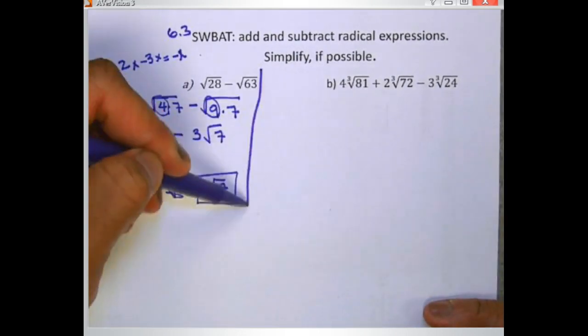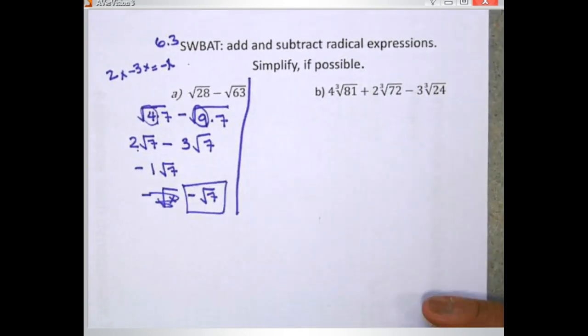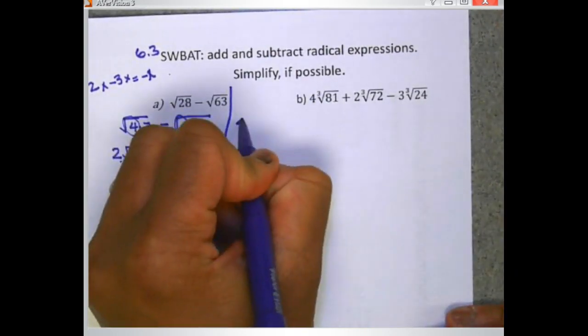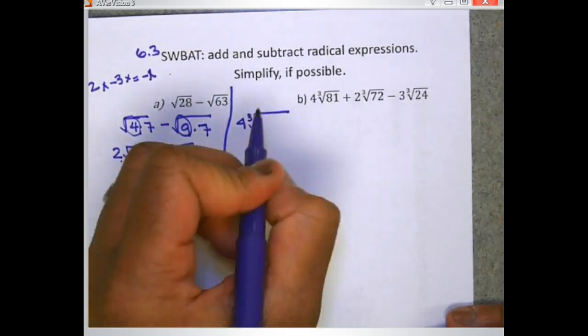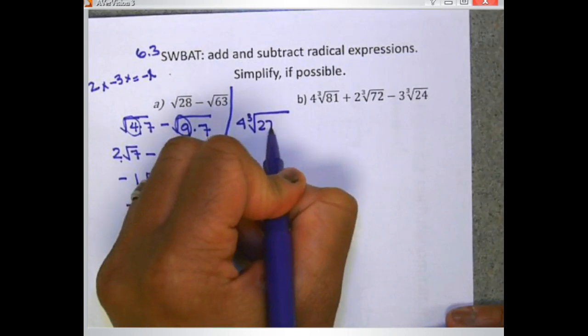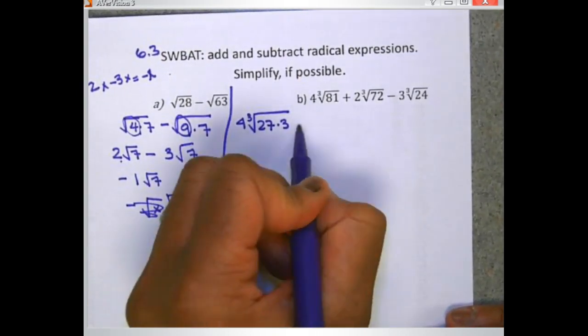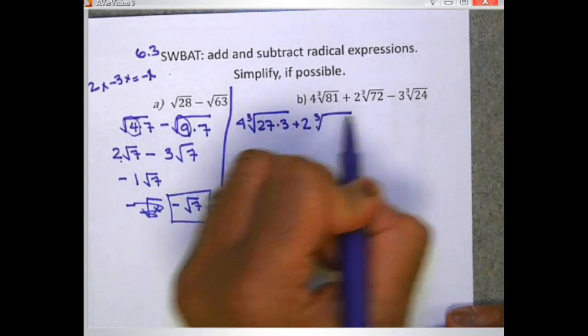It's a little bit different from what we've done before, is that now we have perfect cubes is what we're looking for. So remember that list we just made. I want to find the biggest perfect cube that goes into, first of all, 81. So looking at that list, the biggest perfect cube that I see is 27 times 3. 27 times 3 is 81, plus 2 cubed root of biggest perfect cube.